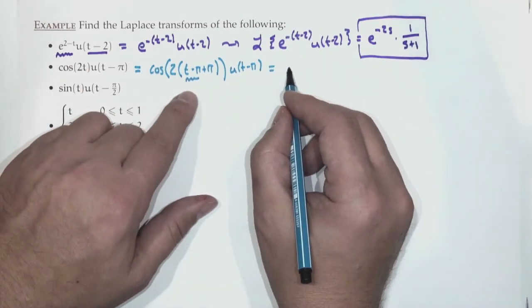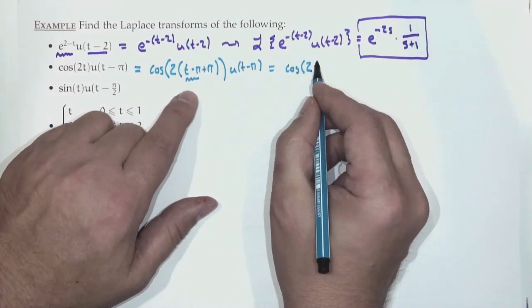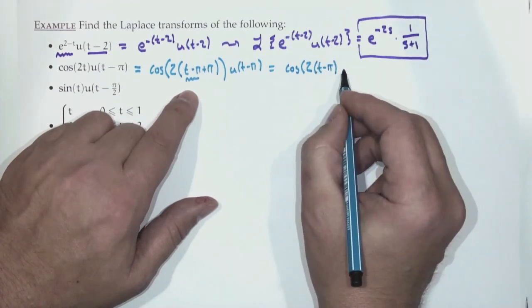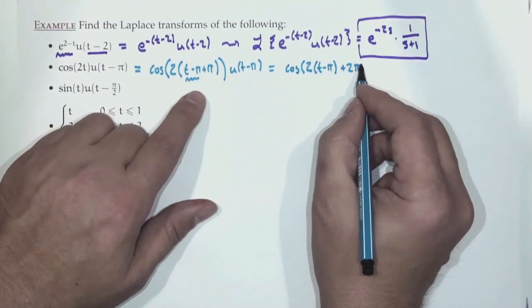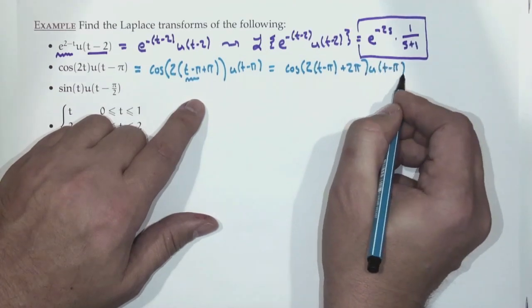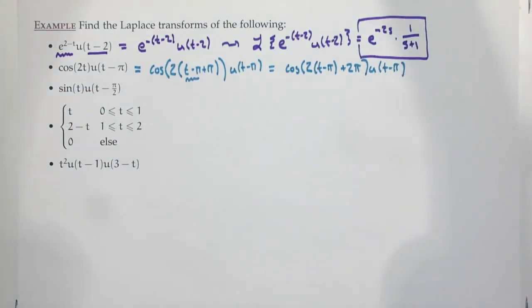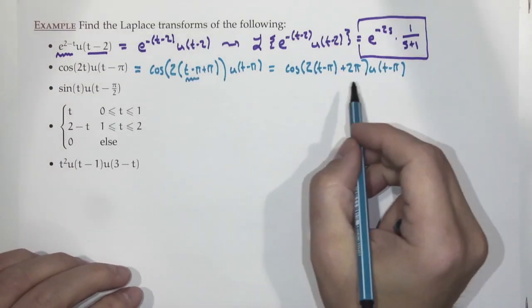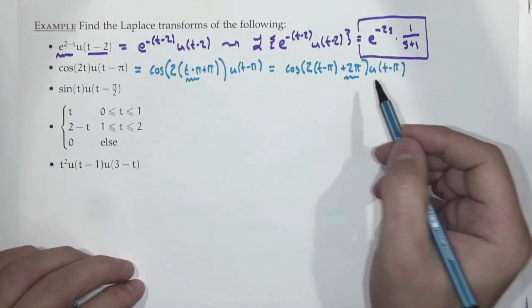Okay, so this is the same as cosine of 2 times (t minus pi) plus 2 pi, u of t minus pi. All right, now let's use some knowledge of trig. When I add 2 pi on the inside of my trig function, what happens? It shifts it over by 2 pi. So what does this become? What's the effect of shifting your trig function by 2 pi?